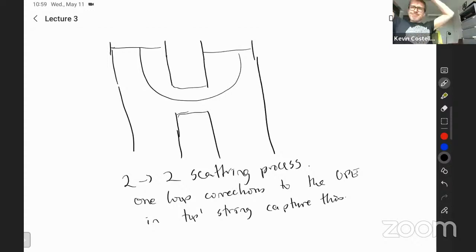I think in general, I like to be optimistic and think that loop corrections on the topological string side should be much more accessible than they are on the physical string.